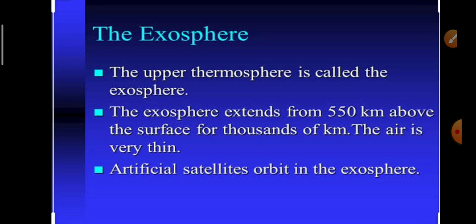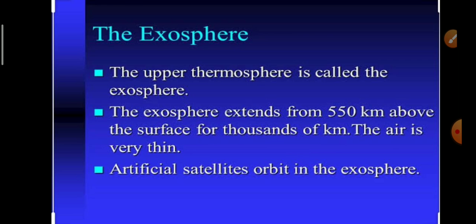So, air is very thin. Very light gases like hydrogen and helium are found in this layer, and this layer gradually merges into the space, and artificial satellites orbit in exosphere. So this is all about the five layers of atmosphere.